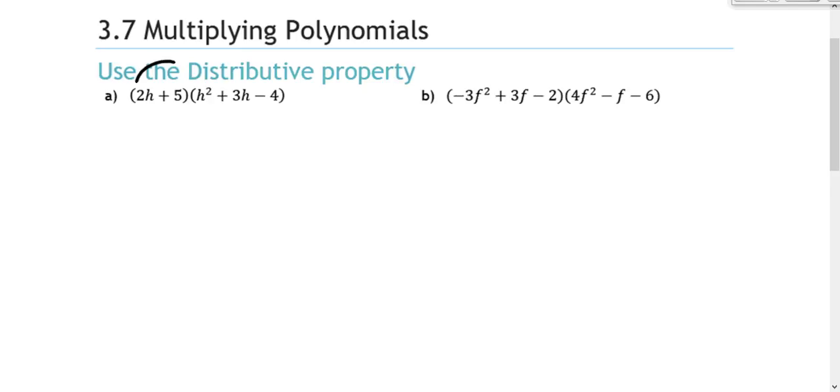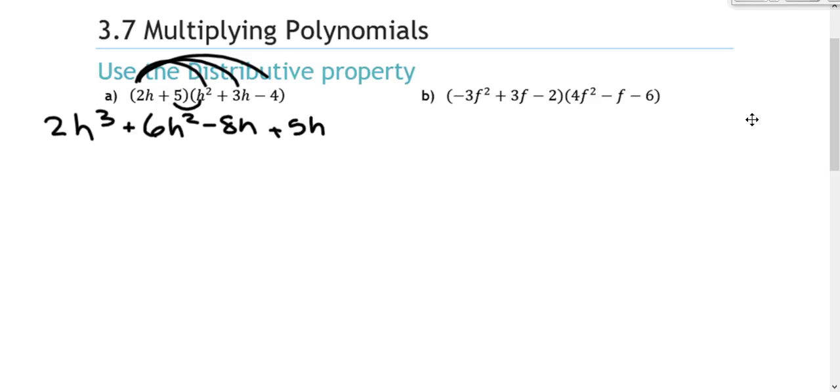So here, 2h cubed plus 6h squared minus 8h plus 5h squared plus 15h minus 20.